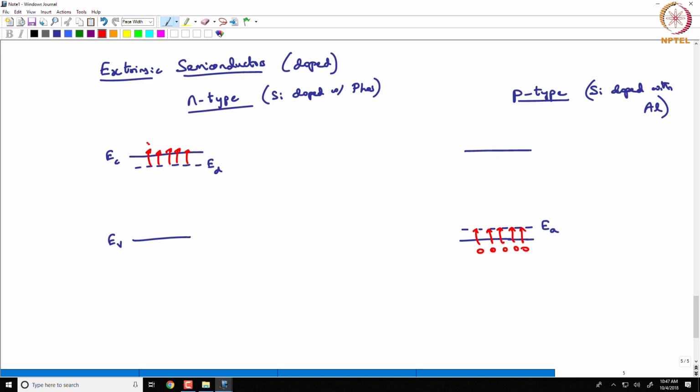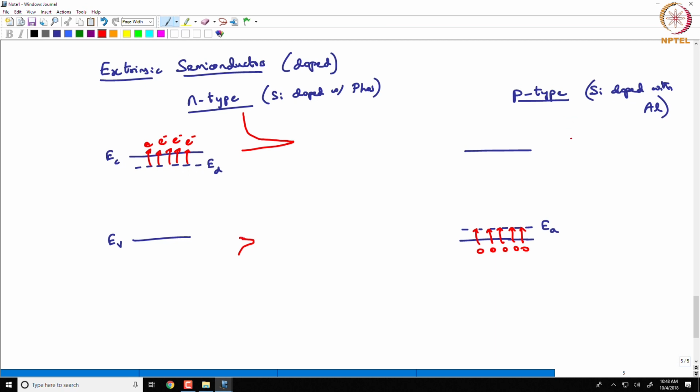In this case what you have is extra electrons over here, okay, and that actually changes the electron and hole concentration. So, when you are looking at the electron concentration, it is going to be much larger like this, whereas your hole concentration is still much smaller.